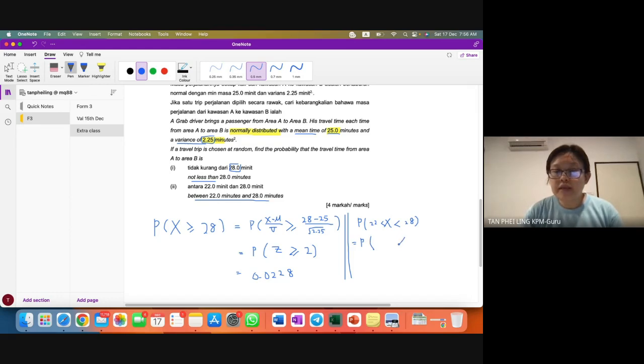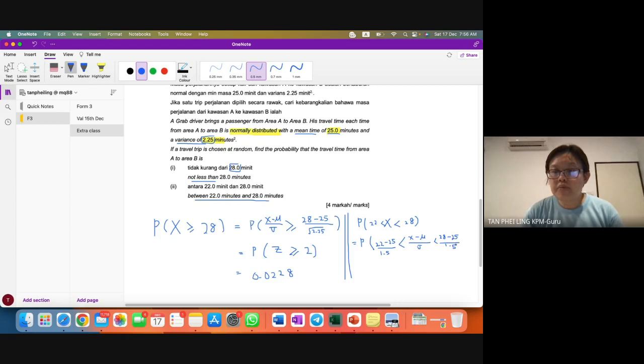So let us do it step by step, where our X is also minus mean over standard deviation. Then our 22 also must minus our mean, which is 25, over our 1.5, standard deviation. And then another one is 28, also minus 25, then over 1.5.